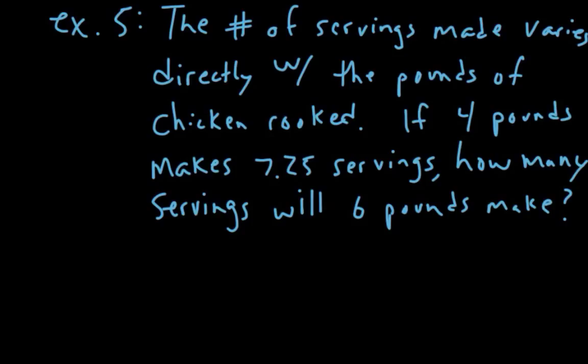So the number of servings made varies directly with the pounds of chicken cooked. If 4 pounds makes 7.25 servings, how many servings will 6 pounds make?